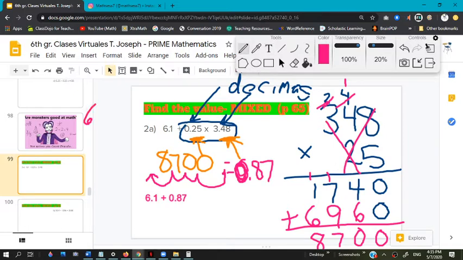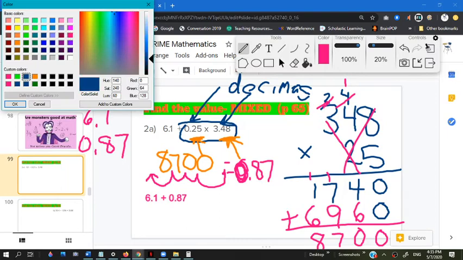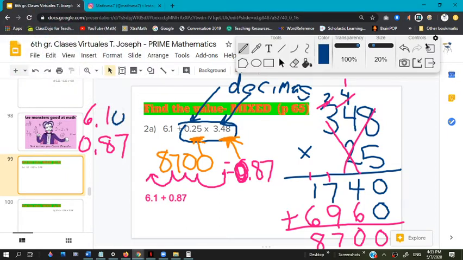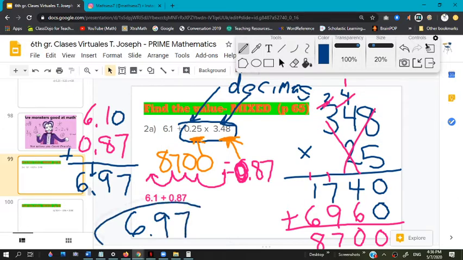I'm going to add a 0 to the right of my 1, just because it's easier to add. 0 plus 7 is 7. 8 plus 1 is 9. And 6 plus 0 is 6. Bring down my decimal point into my answer, and my answer is 6.97. That's your final answer, 6.97.